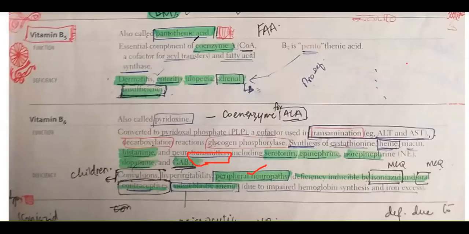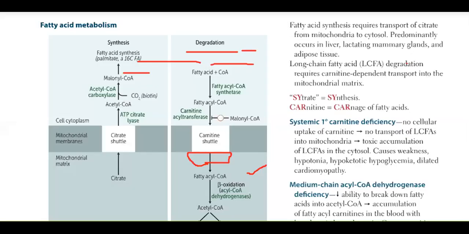Okay, so we said that it is an essential component of coenzyme A and fatty acid synthesis. When we're talking about coenzyme A, we are talking about CoA and a cofactor for acyl transferase. So now you see, at this particular level, this is fatty acyl CoA, and you see acyl CoA is adding up over here.